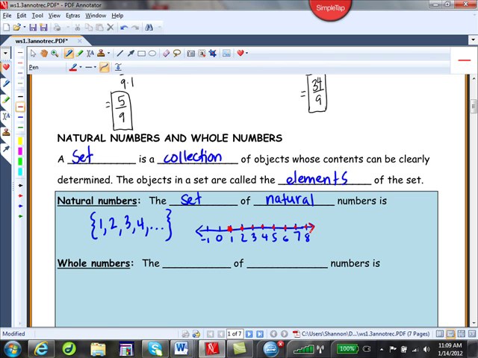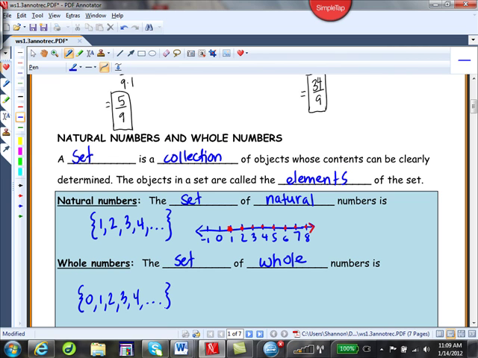All right, whole numbers. Now the whole numbers, the only difference between the whole numbers and the natural numbers is that the whole numbers, the very first element is 0, and then the natural numbers go on after that. So the set of whole numbers is roster notation. You start with 0, 1, 2, 3, 4, and on like that forever.